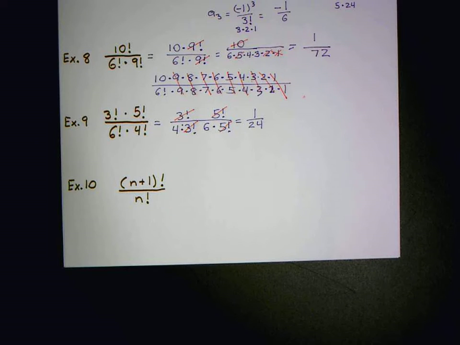On the bottom, where did the 5 come from? I have 6 factorial, right? Yes. Okay, so I take the 6 out, which leaves 5 factorial. That's where the 5 came from.